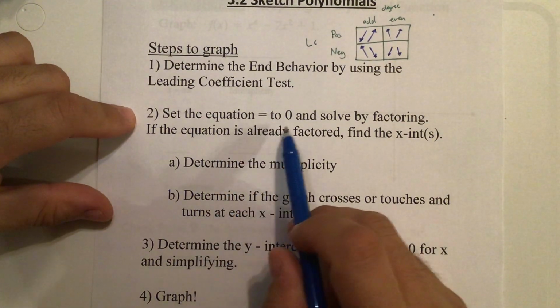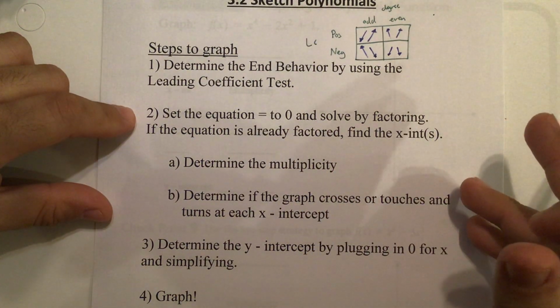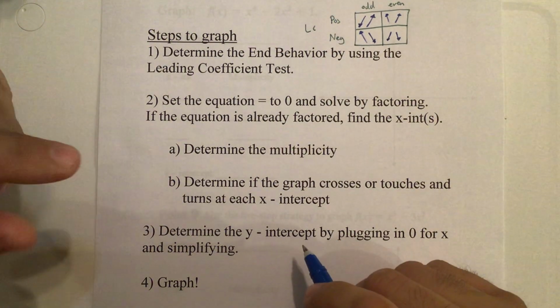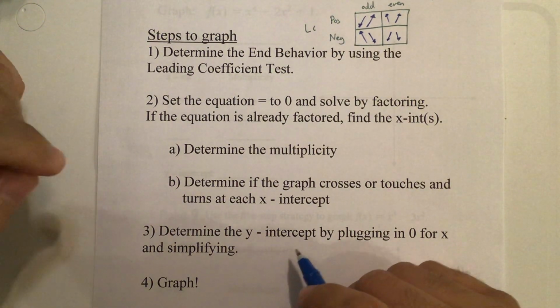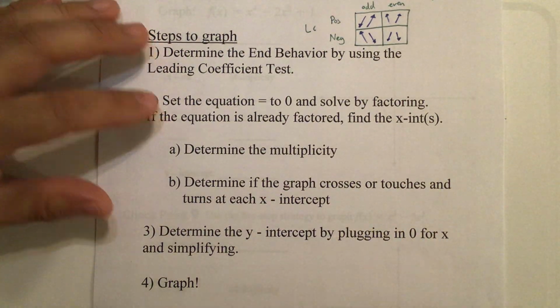Then we're going to set the equation equal to 0, and we're going to solve by factoring, however we're going to get that. You're going to determine the multiplicity. So you're going to look at the exponent of each factor. If you recall, if it is, let me see.